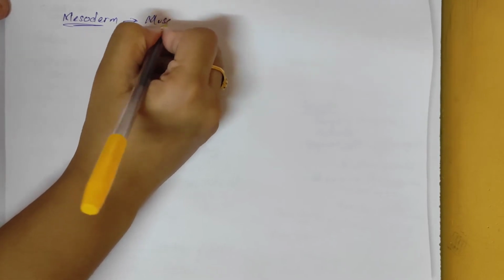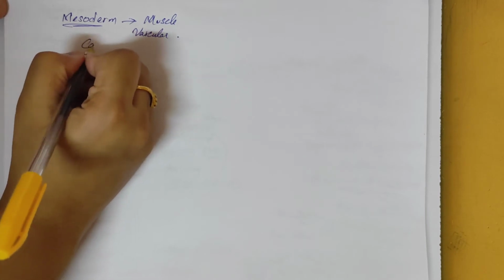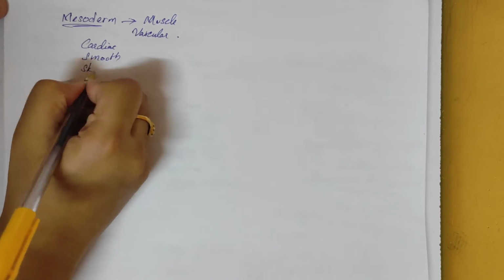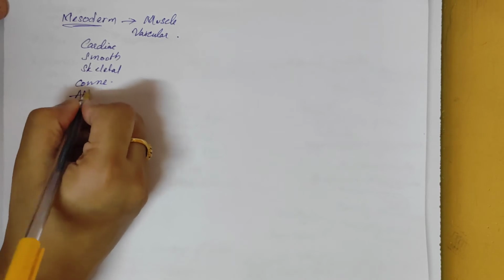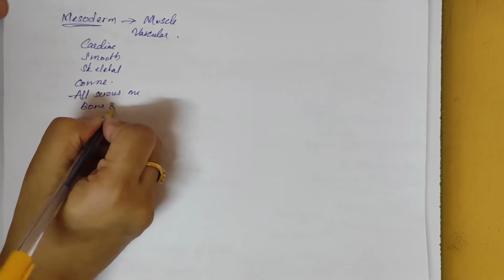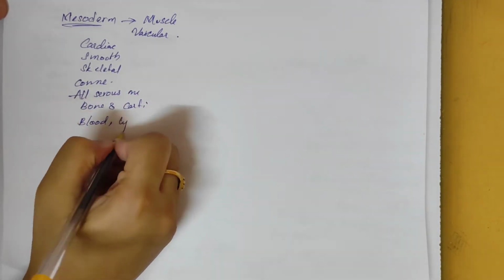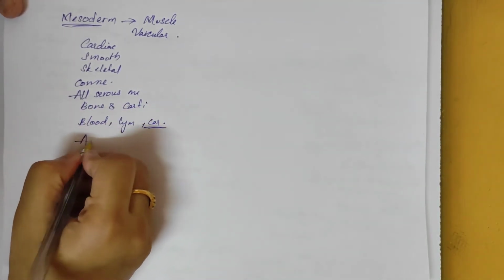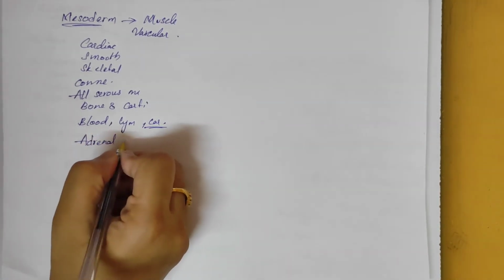That is cardiac, smooth, skeletal muscle, connective tissues, all serous membranes, and also bone and cartilage, blood, lymph, cardiovascular organs, and also the adrenal cortex is derived here, and the adrenal medulla is from neuroectoderm, as I told.